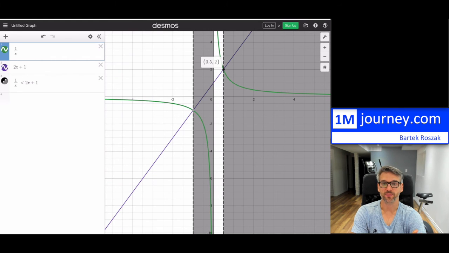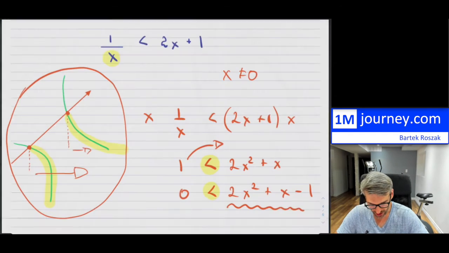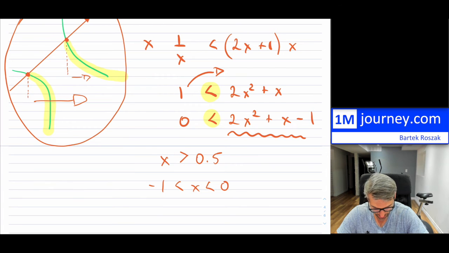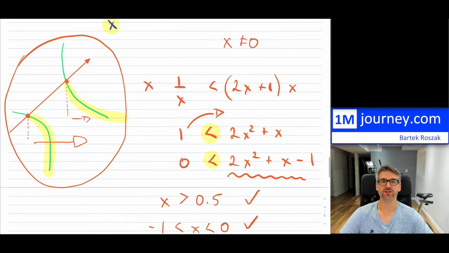And then it works also on the negative side, between -1 and 0. So those are actually our answers. It works for x greater than 0.5, and then it works between -1 and 0. That's when this inequality actually holds.